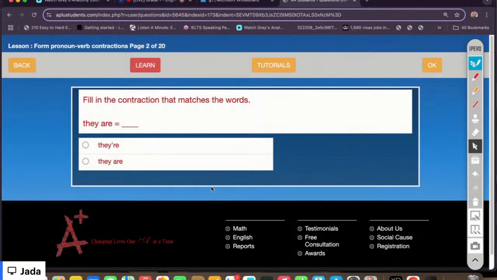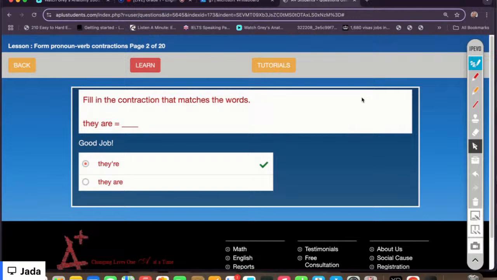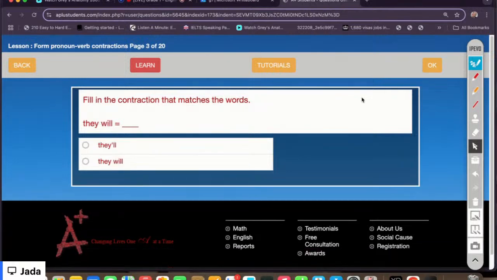So what do we have? Option one also, they are. Okay. So we have they will. What is the right contraction for they will?